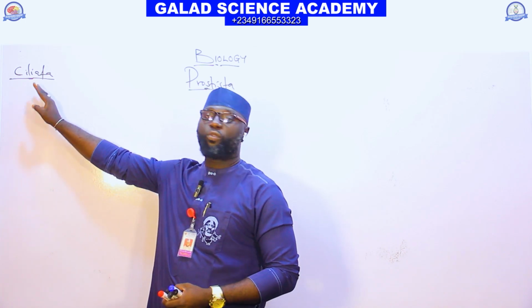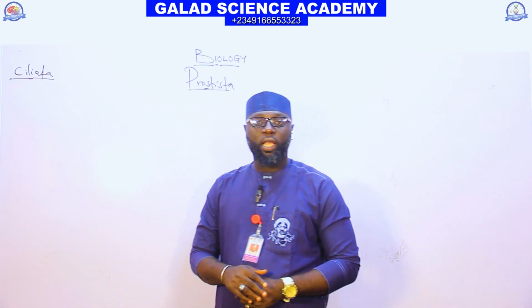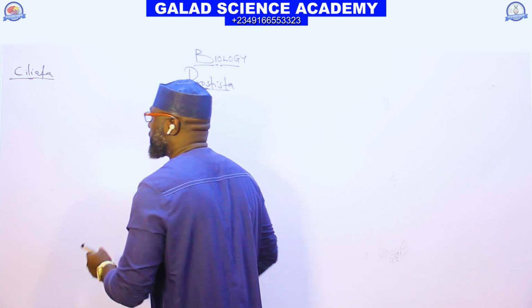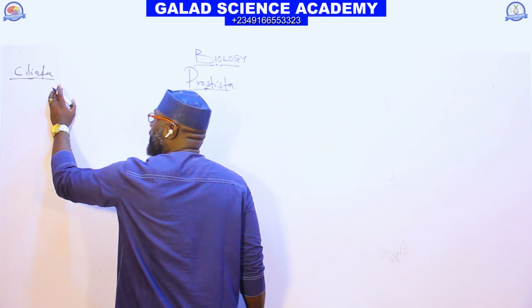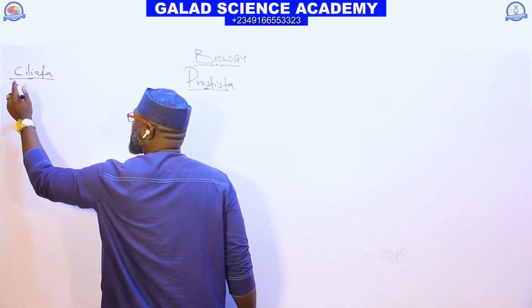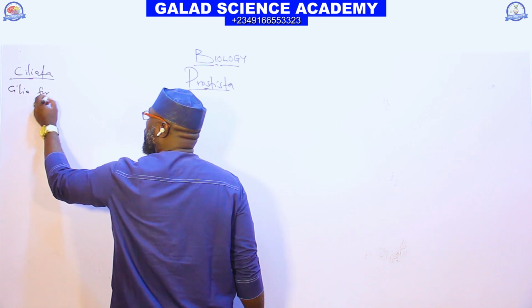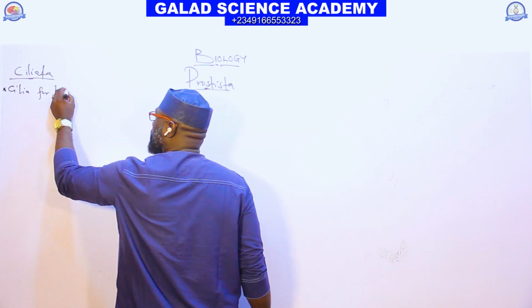Ciliata or Ciliophora use cilia for locomotion. The locomotory organ for this class is cilia.